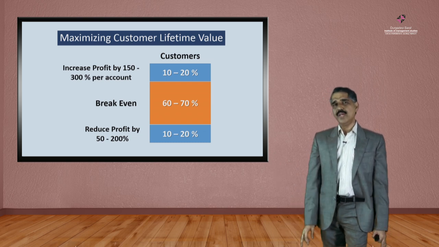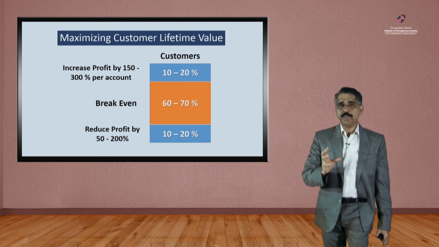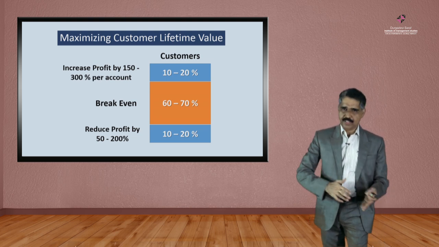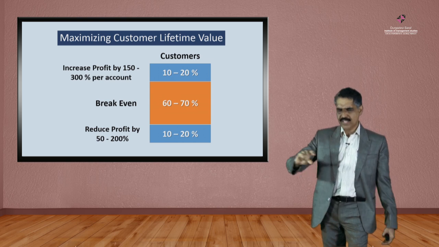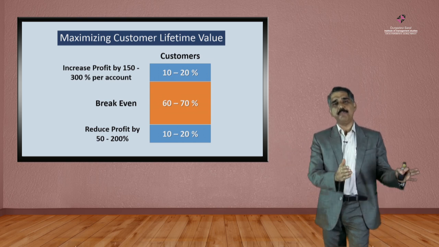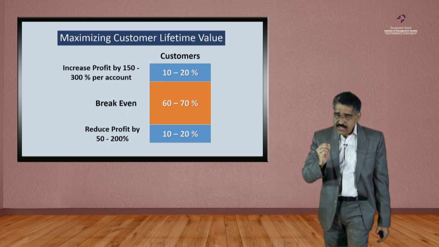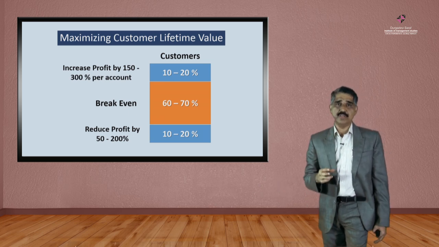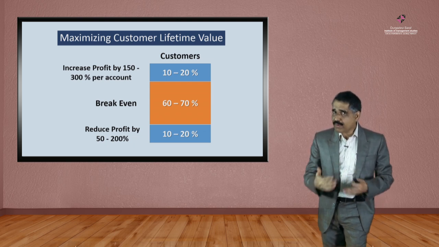What they do, they consider a group of customers, maybe 10% or 20%, as privileged customers. They call it platinum card or gold card or whatever card, and different people have different ways of categorization. But this small group of customers are pampered or considered very important by Shoppers Stop.